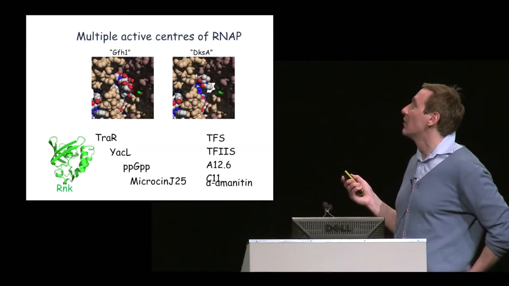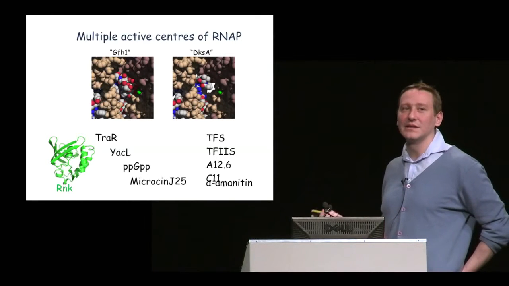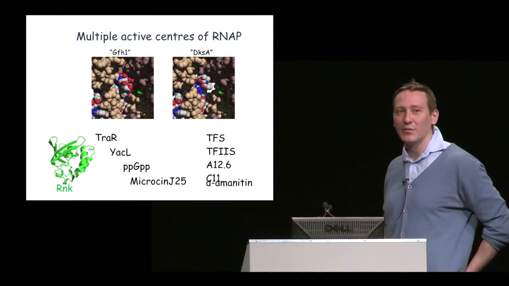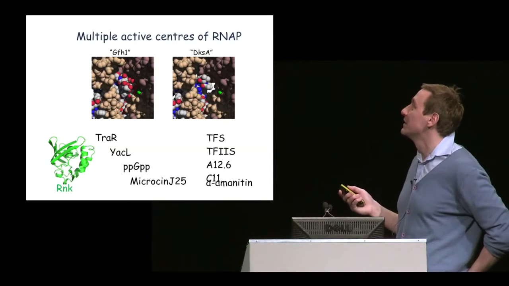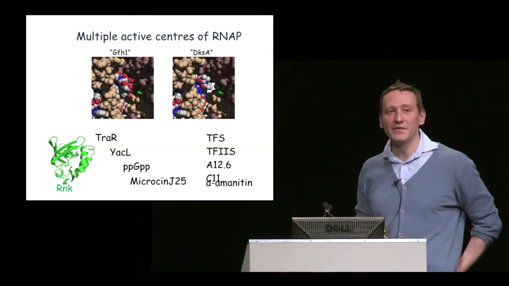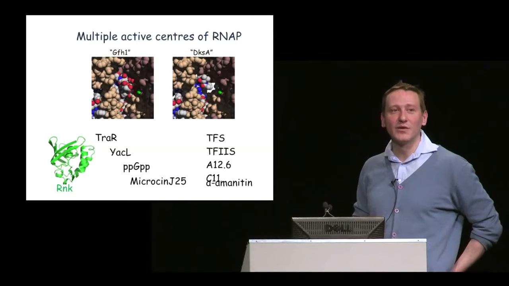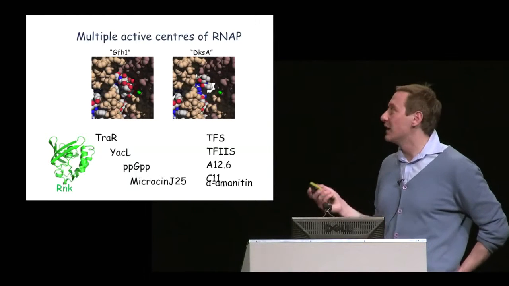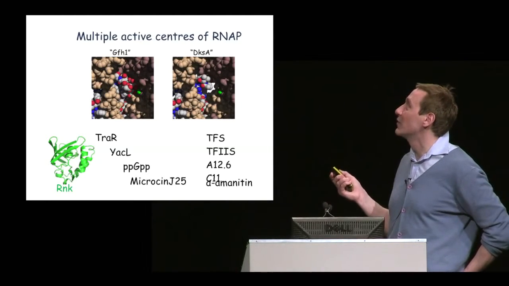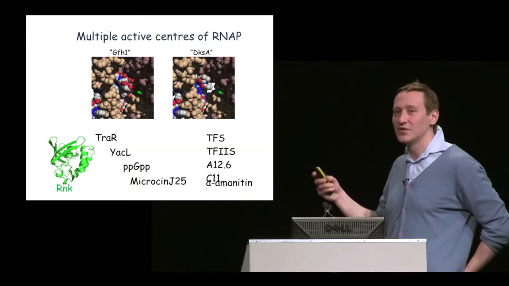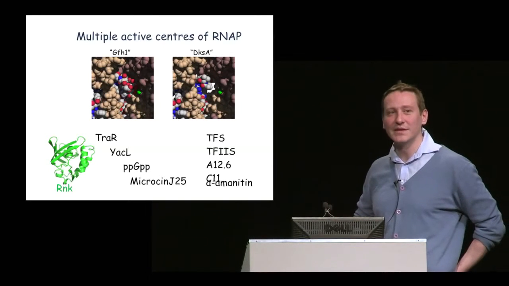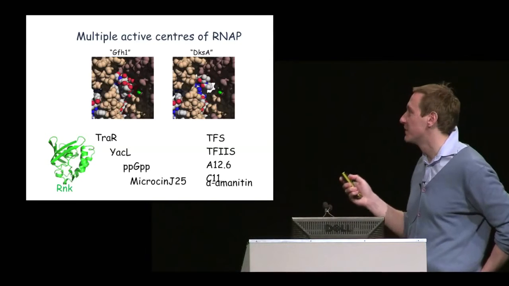And also, we do not see any activity that DksA brings to the active center of RNA polymerase. However, by analogy with GRE factor, maybe we are just lacking knowledge of the signals that really force DksA or GFH to substitute for the trigger loop in the active center and bring their own activities.